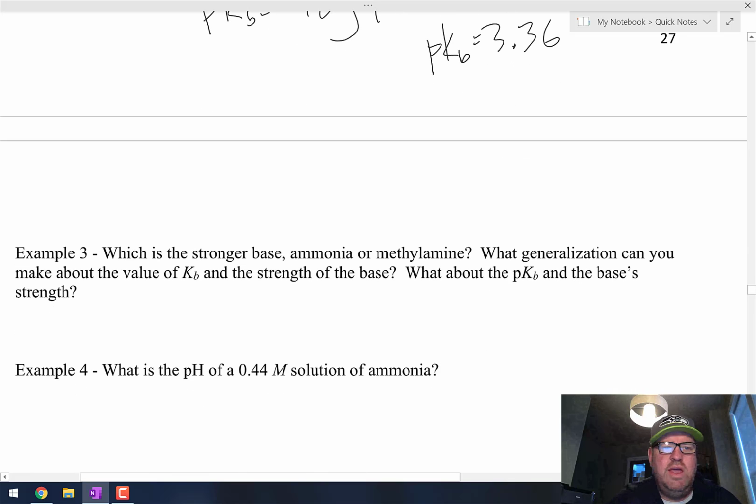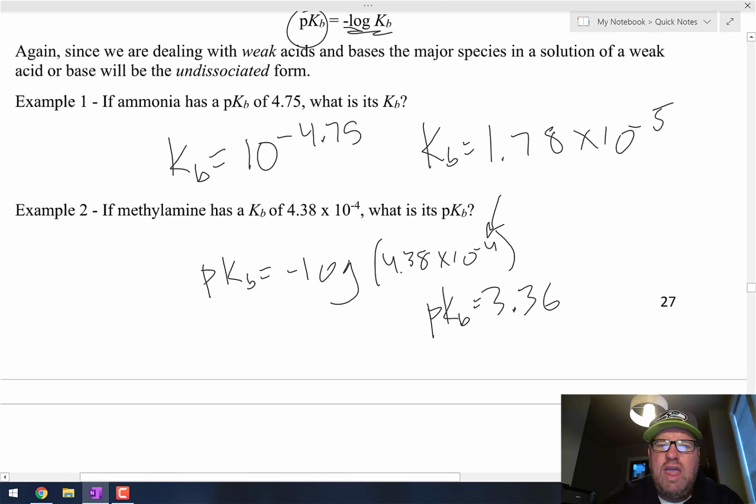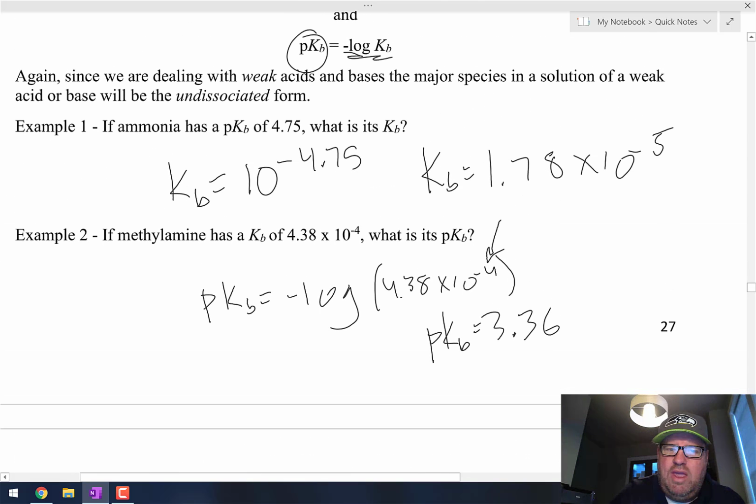Okay, example 3, which is the stronger base, ammonia or methylamine? So based on the Kb values, we've got a Kb of something to the negative fifth and something to the negative fourth. And again, the bigger the number, just like with acids, the bigger the Ka value, the stronger the acid, the larger the Kb value, the stronger the base.